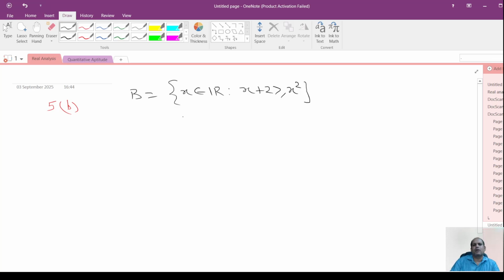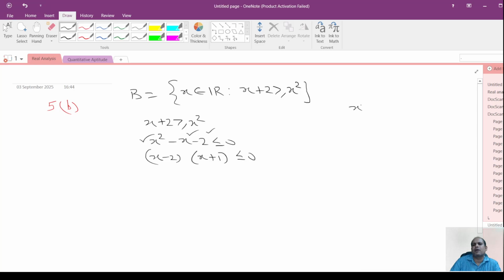So, let us simplify this. I can write this as x square minus x minus 2 less than or equal to 0. Factorizing, x minus 2 into x plus 1 less than or equal to 0.